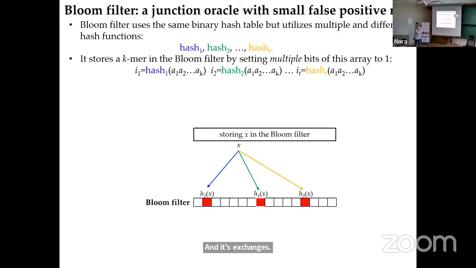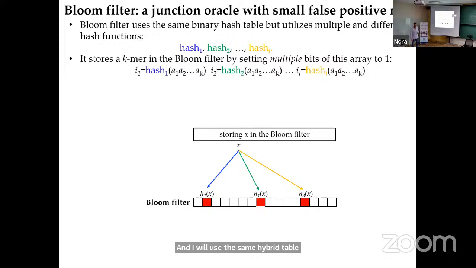It's probably as close to what you propose. Instead of one hash function, we will now use multiple hash functions, let's say t hash functions. In this case, I will use three: blue, green, and brown hash functions. I will use the same binary table I used before, the same size.